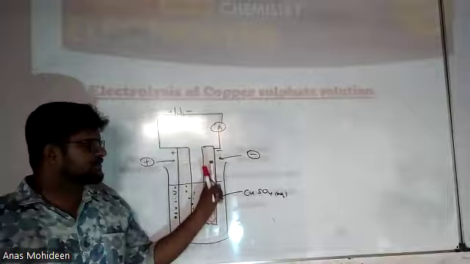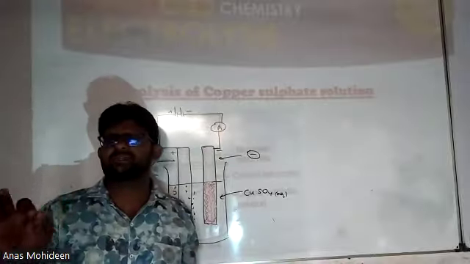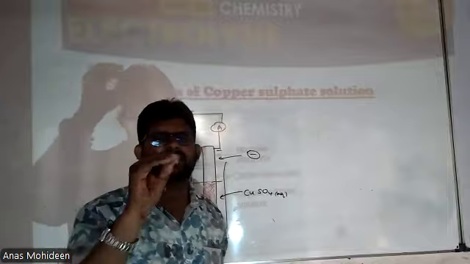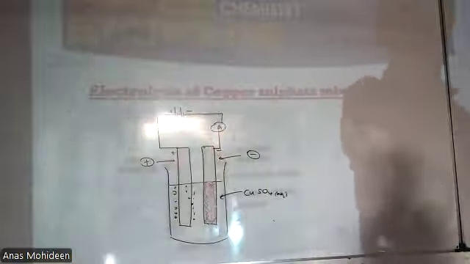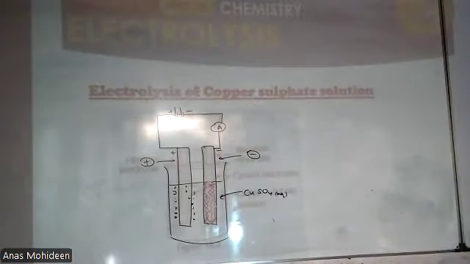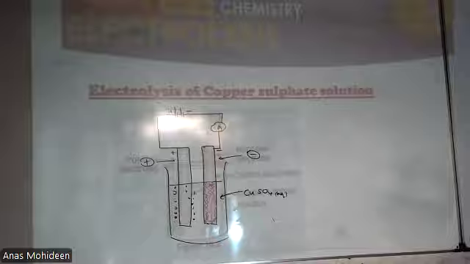And also, whom are we using as the electrodes here? A substance which will not chemically react with others. They are inert, INERT. Inert means they don't chemically react with others.